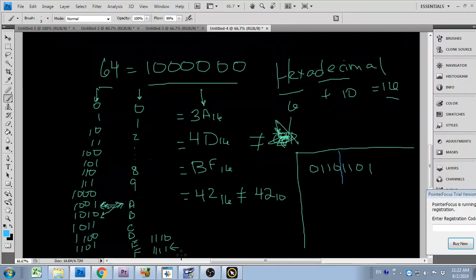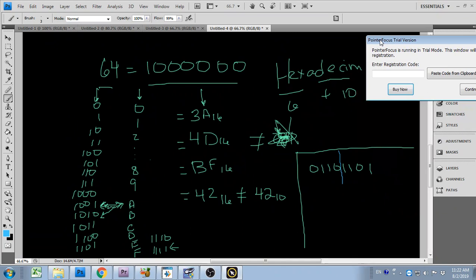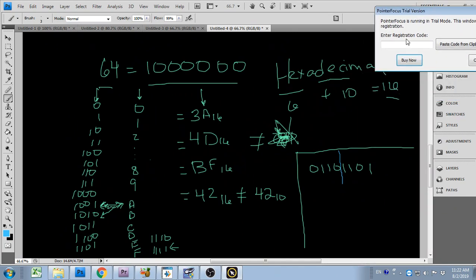Why 4? Because 4 is the largest number of digits that you can have with a hexadecimal digit. Now, let's convert this back to decimal. We have 1, 2, 4, 8. But don't keep going because this is like a new number. 1, 2, 4, 8. Okay, so let's do the math here. 8, 4, and 1 is 12. That's 13.